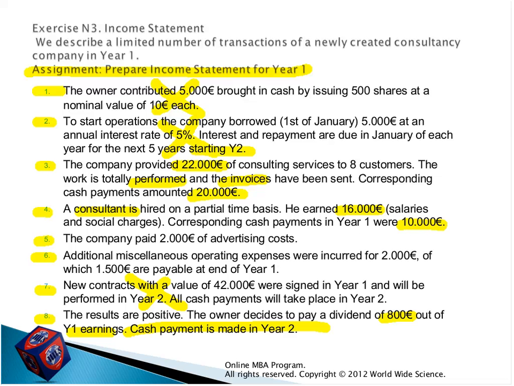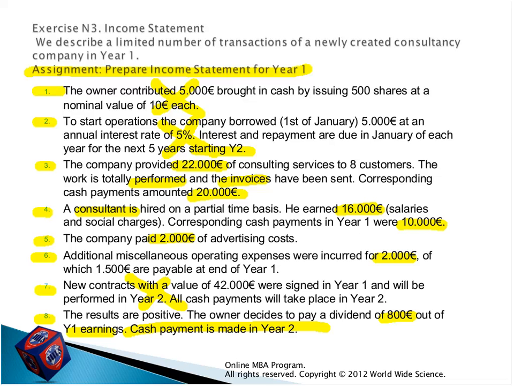Next one is all the accrual expenses. For example, here are the salaries, and what else do we have? Small expenses for 2,000. Advertising is already clear, we have already paid it, it is an incurred expense. The revenue: we have already realized the consulting services, and we are going to get the 22,000.